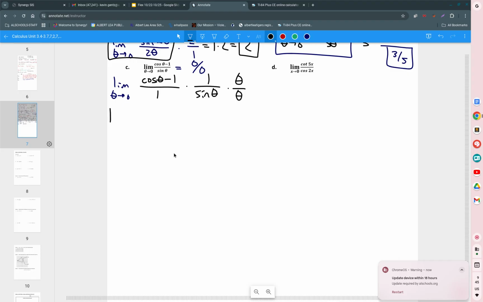So I can rewrite this, the limit as theta goes to 0 of cosine of theta minus 1 over theta, so I pulled this theta over here, times theta over sine of theta. Remember that this first limit, cosine of theta minus 1 over theta, is what? 0. And that the second one is 1. And that multiplies to 0.